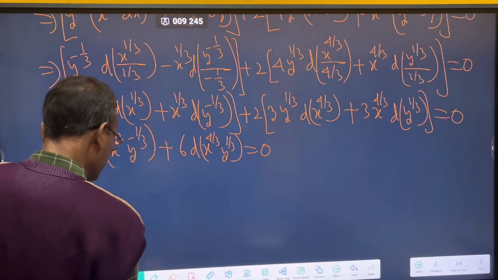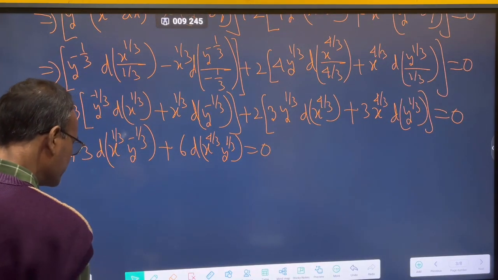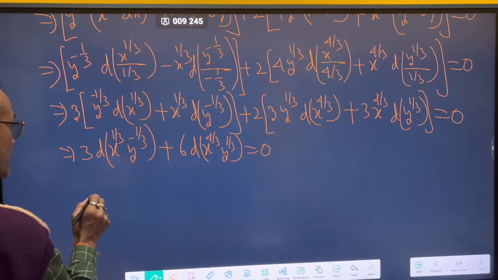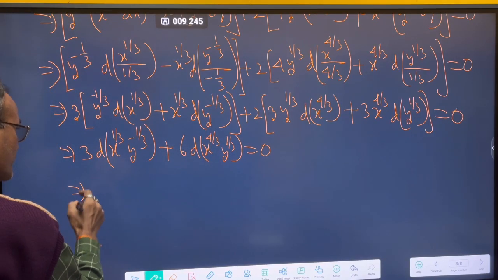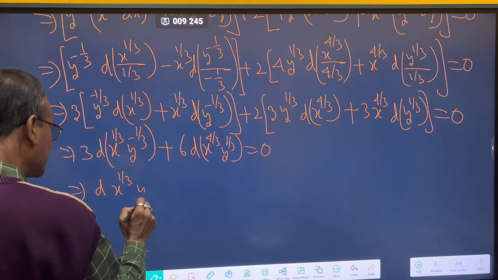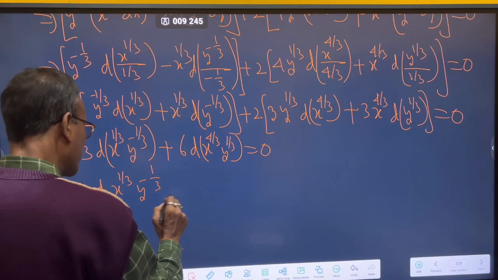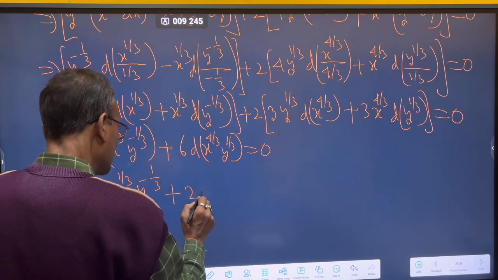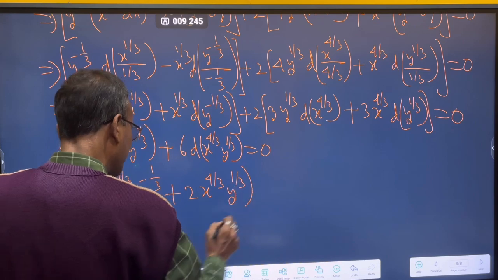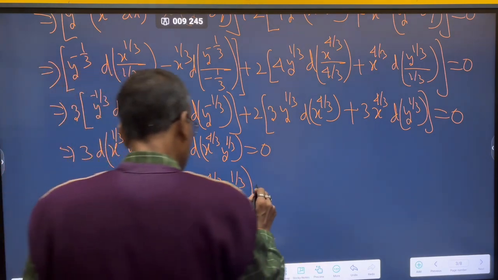This means d of x to the power 1 by 3 y to the power minus 1 by 3 plus 2 times x to the power 4 by 3 y to the power 1 by 3 is equal to 0.